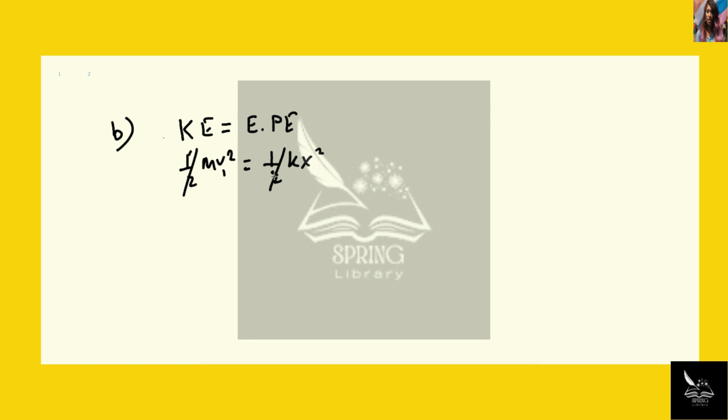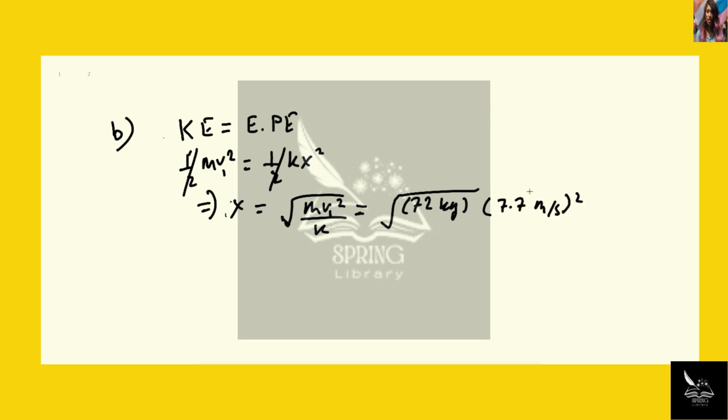So the 1/2s cancel, and you get that x is the square root of mv1 squared over k, and so that's mass is 72 kilograms, v1 squared is 7.7 meters per second quantity squared, over k, which is 5.8 times 10 to the 4, so 58,000 newtons per meter.